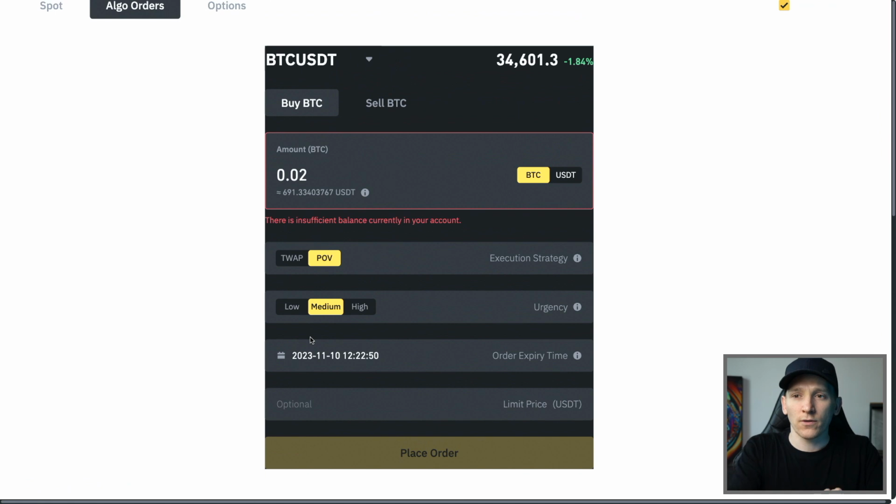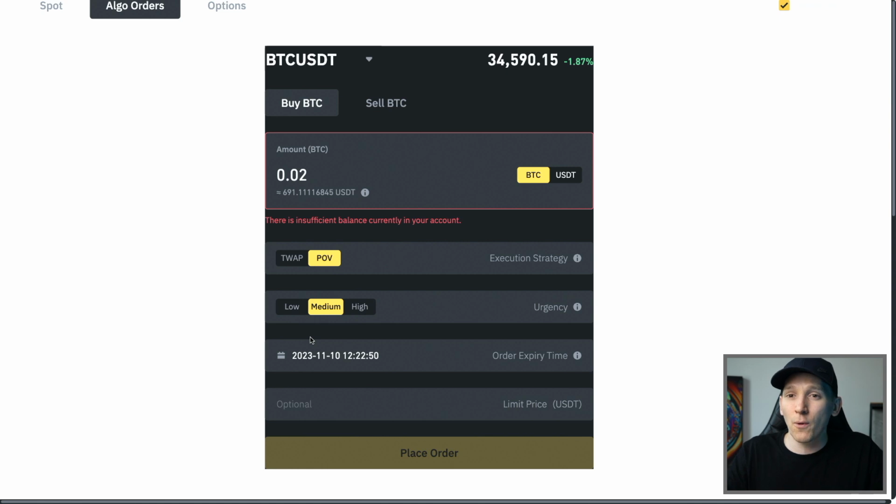It knows that you've got a set amount of BTC over a set amount of time, and it's going to try to trade more when more volume is traded and less when less volume is traded. Right? So you're trying to get your price in line with what most other traders are trading during that time, because whenever the highest volume comes in, that's where most people are trading. And so you'll be trading more there as well.